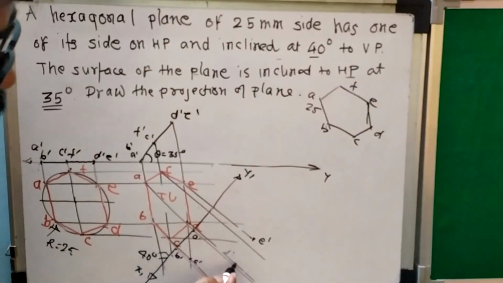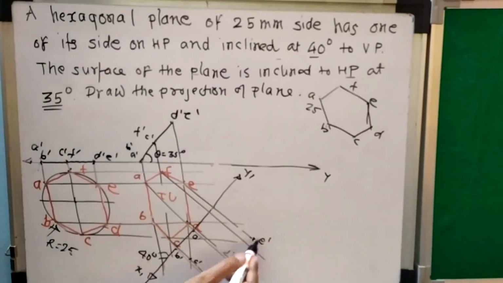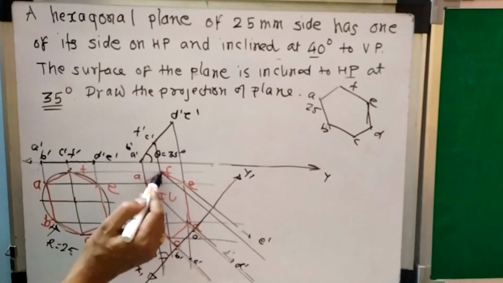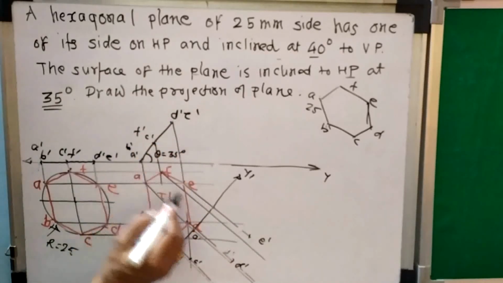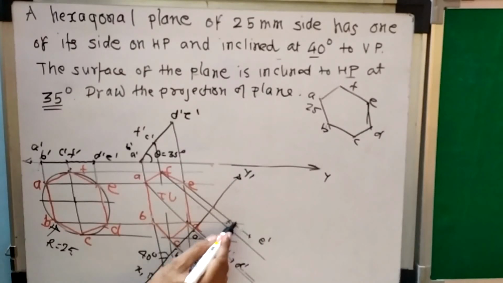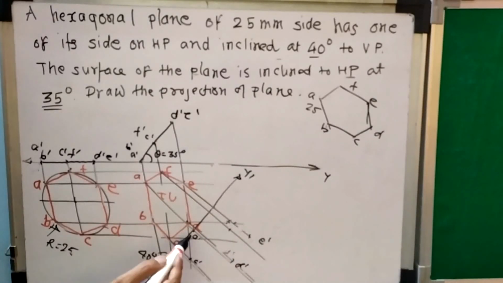D dash and E dash are at the same distance, so I mark this on the same distance. Okay, so this is D dash, E dash. Now F is projected, the previous view is this much distance, I will take it in the compass and cut here, F dash. So I got A dash, B dash, C dash, D dash, E dash, F dash, and again A dash.